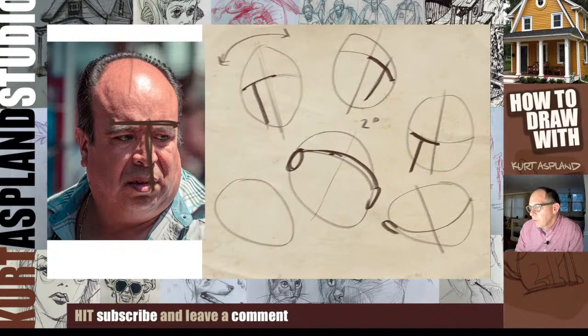If the ears are above their brow line, then you're looking down at them, okay? So in this case, we're almost looking up at him. His brow line is slightly higher than his ears, okay? So next is getting the brow line.